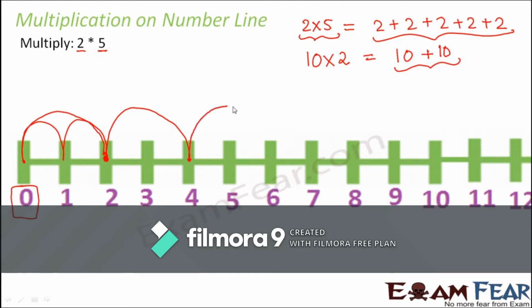You reach at 4. Third time, you reach at 6. Fourth time, you reach at 8. Fifth time, where do you reach? You reach at 10. So if you add 2 for 5 times, you reach at 10, which proves that 2 into 5 is 10.